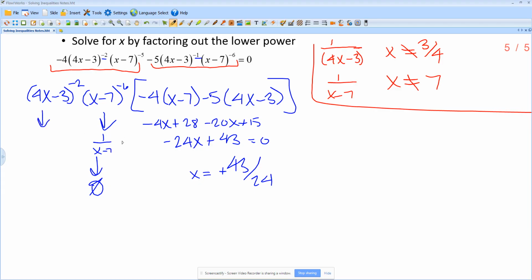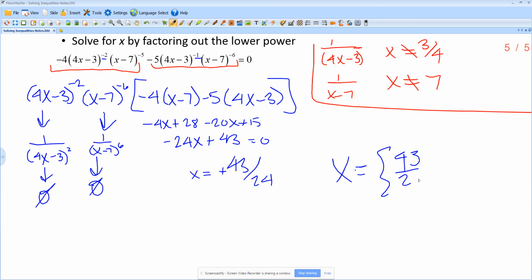This is 1 over x minus 7 to the 6th power, and 1 over 4x minus 3 squared. I want to know when is this equal to 0. 1 over nothing will ever give me 0, regardless of the fact that this is squared or the fact that this is to the 6th. 1 over nothing gives me 0, so no solution there. So my only solution will be 43/24.